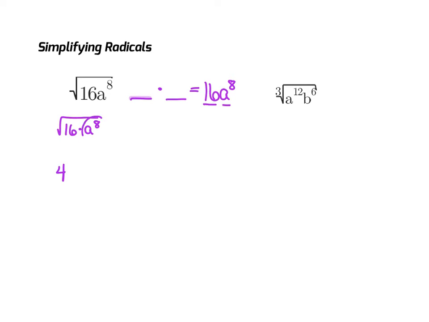But to do the square root of a to the 8th, I want you just for a minute to visualize you have 8 a's that are being multiplied. 1, 2, 3, 4, 5, 6, 7, 8. We're doing the square root, so our index is 2. So I'm going to group them according to my index: 2 a's here, 2 a's there, 2, and 2.